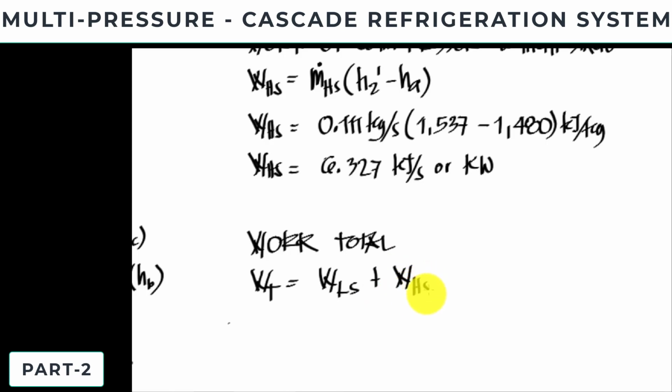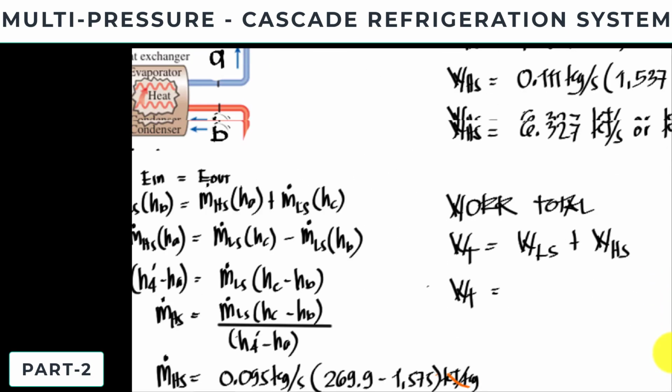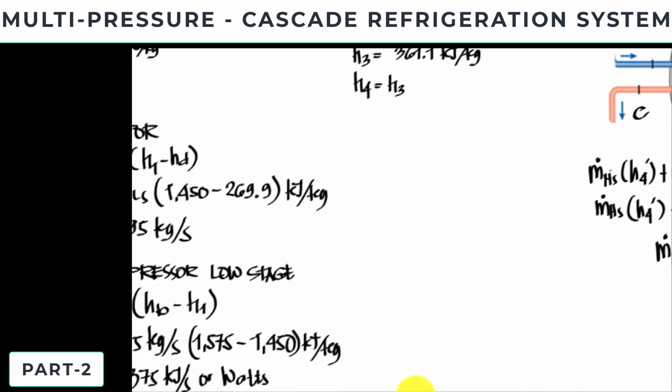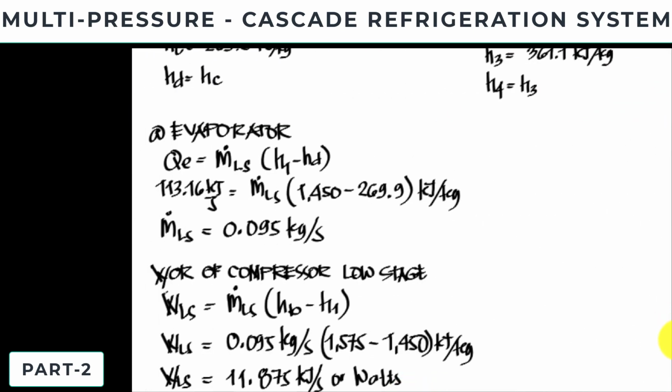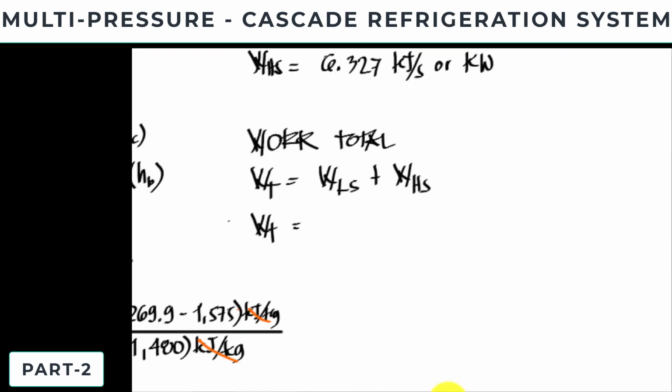For the work at the low stage, previously we have 11.875 kilowatts.